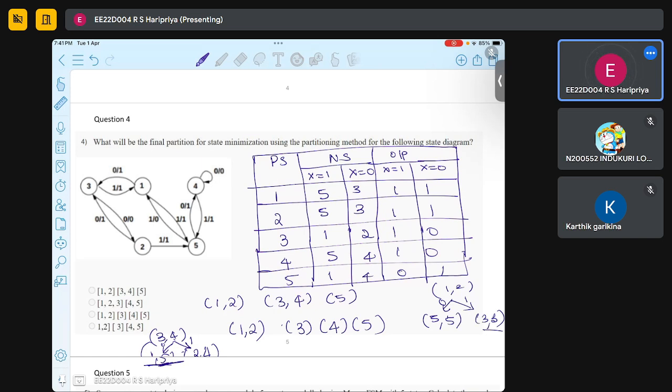For 0 it is 3, 1 it is 5. So for 0, 1 it goes to 5 and 0 it goes to 3. That means these are equivalent. So what is equivalent? 1 and 2. 3 is different, 4 is different, 5 is different.